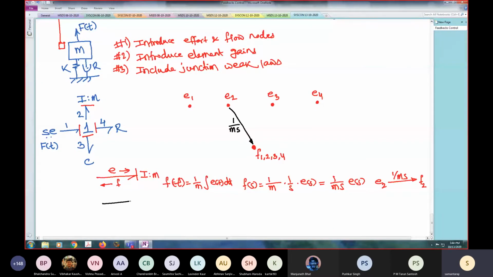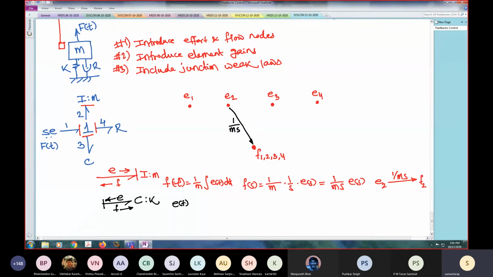Likewise, C element in integral causality. What do we know? Effort goes this way and flow is going this way. So flow goes to the C element, it returns effort to the system.